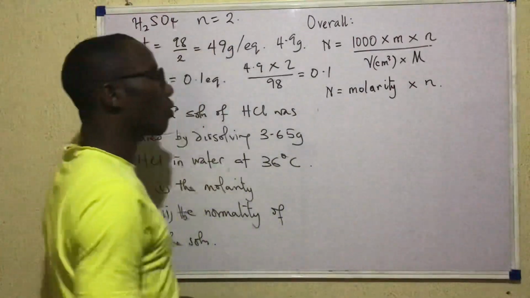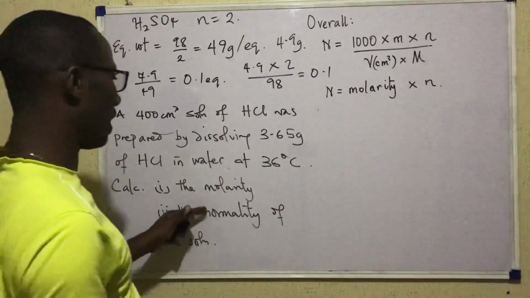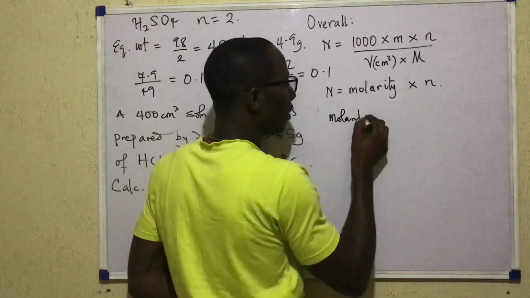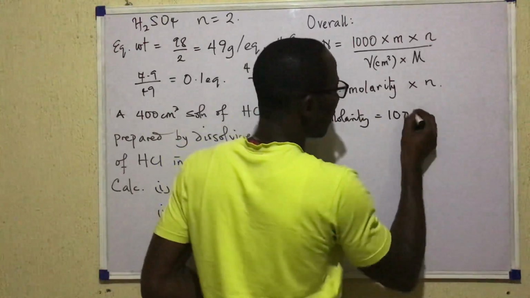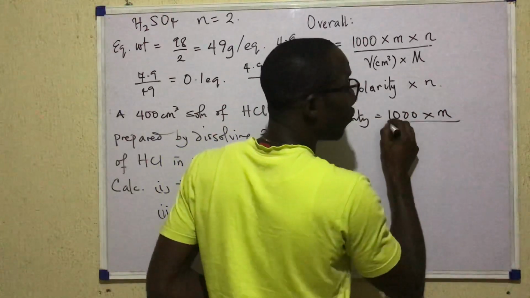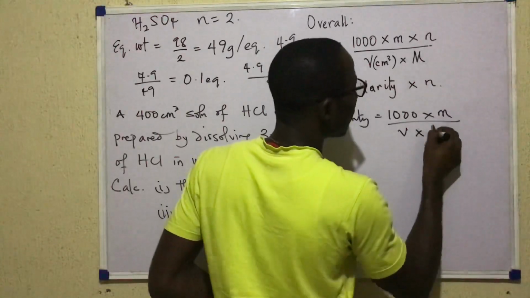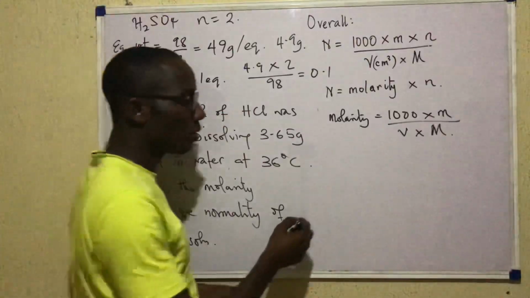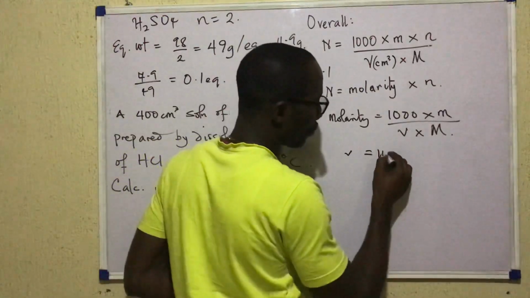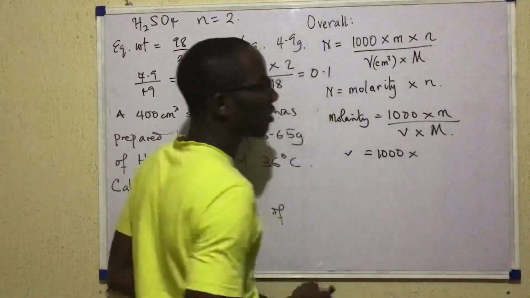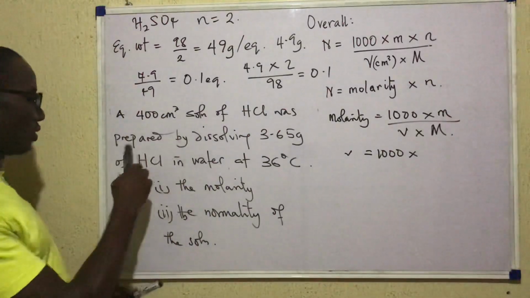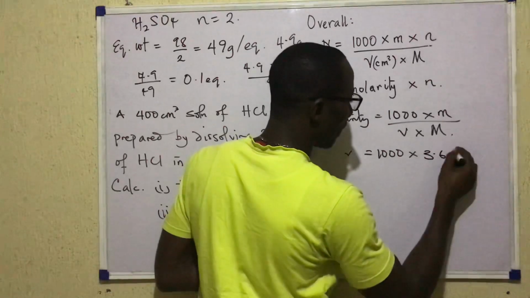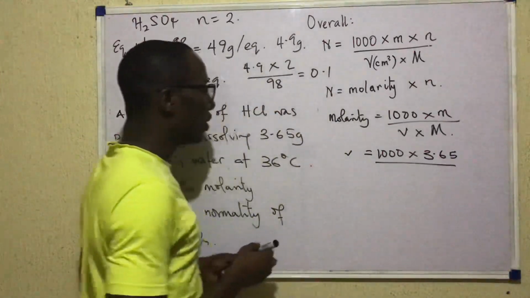So if I were to calculate the molarity first, like it says here, molarity equals 1000 times the given mass over volume times molar mass. Easy formula we saw in the previous video. So molarity would be equal to 1000 times, what's the mass of solute here? It's 3.65 grams, so 3.65 divided by the volume.